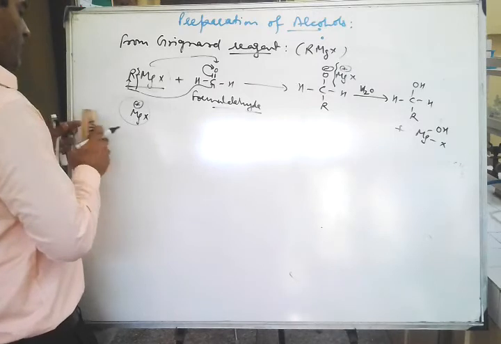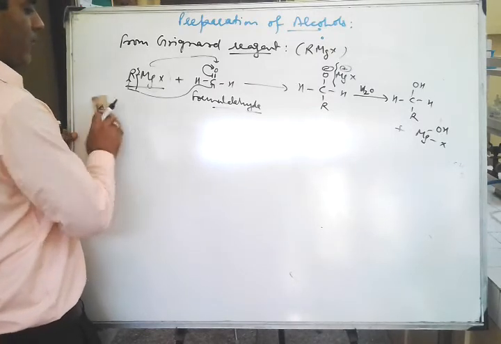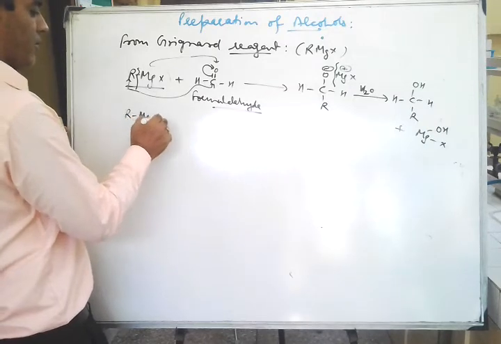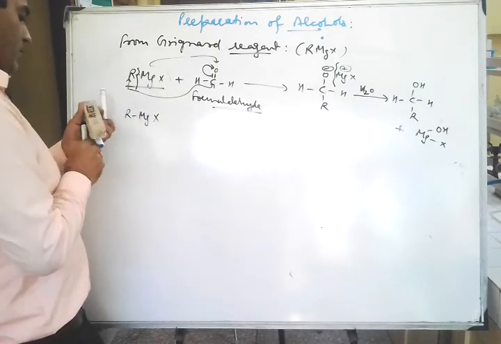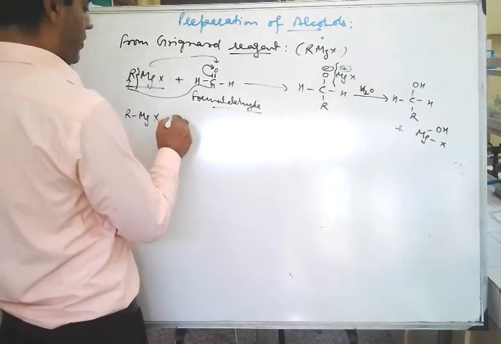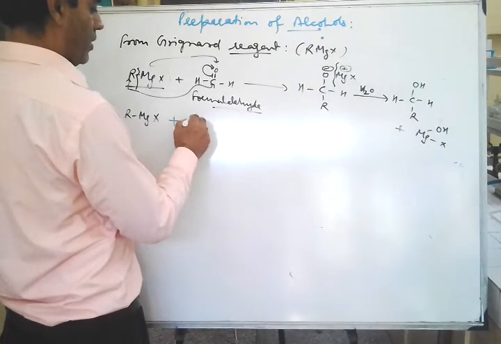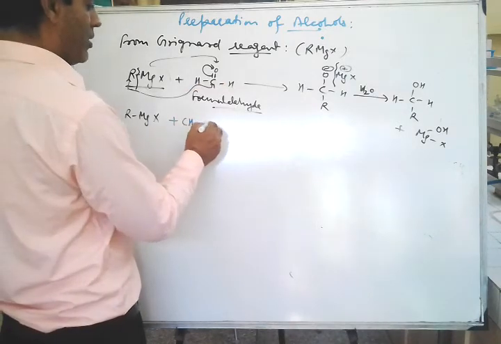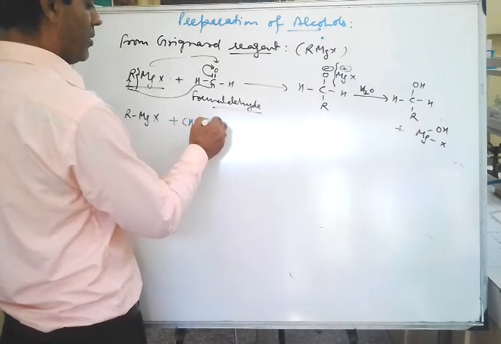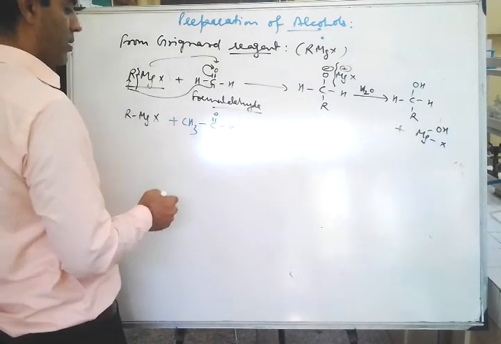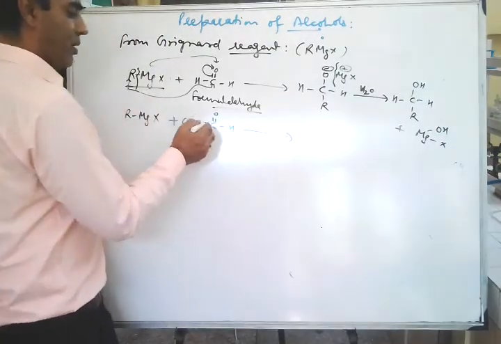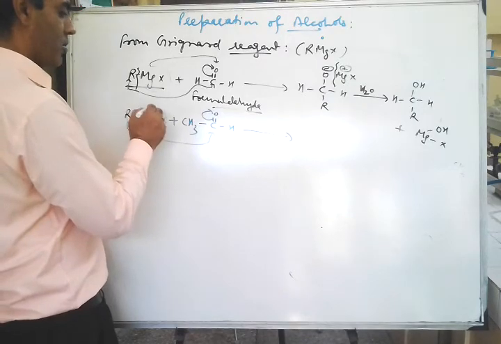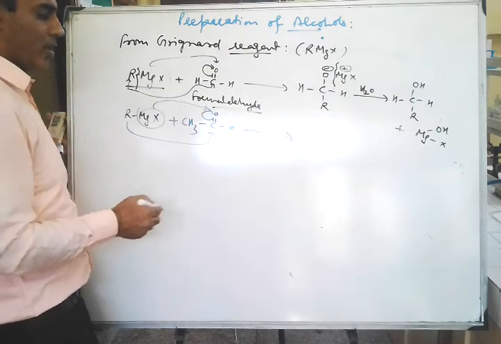Now if we take another aldehyde other than formaldehyde, so what will happen? I am taking here an aldehyde, right? So again the reaction will be the same. This will move here and R negative will attack here, and then MgX positive will get bonded to the oxygen atom.